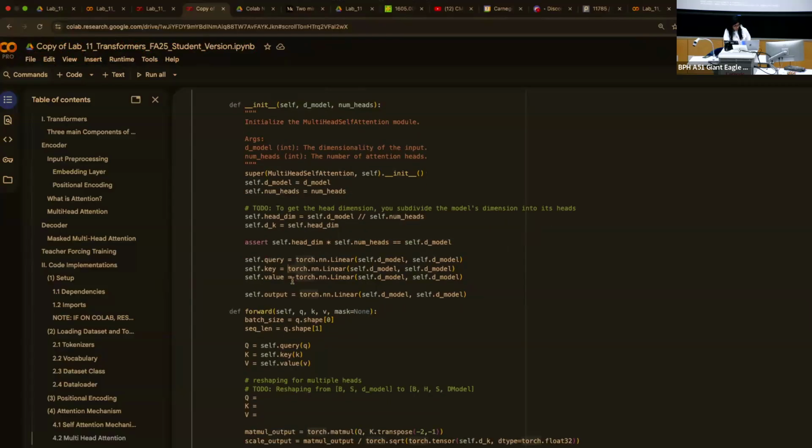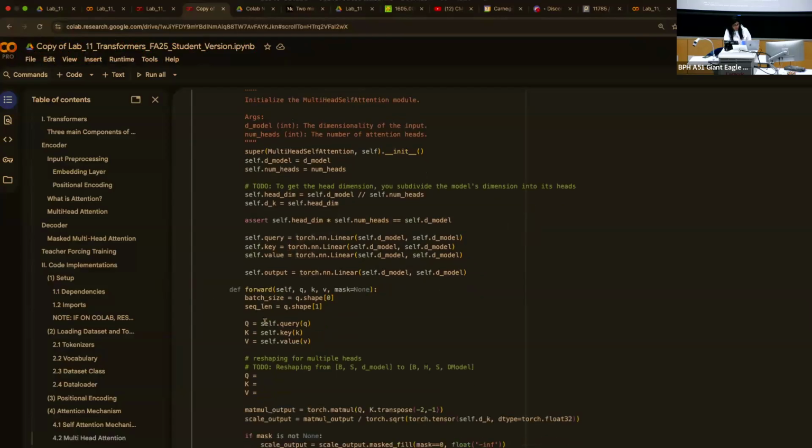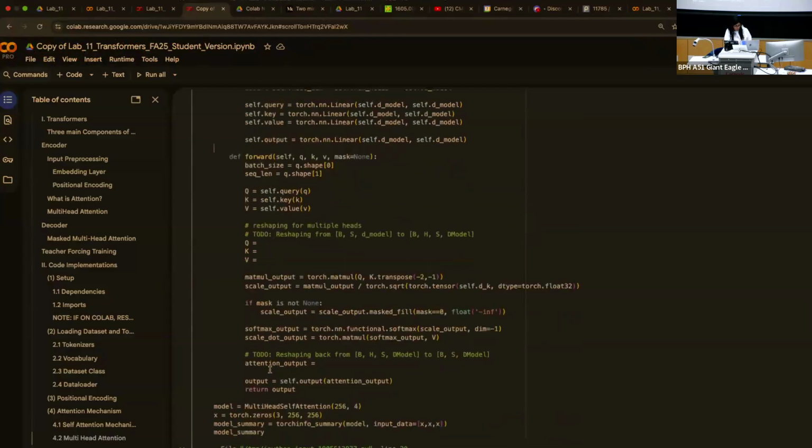And then initializing the query, key, and value remains the same here. And in the forward pass now, we want to reshape our QKV to 4 dimensions to make it compatible for the multi-head attention. So I'll just use q.view for this.